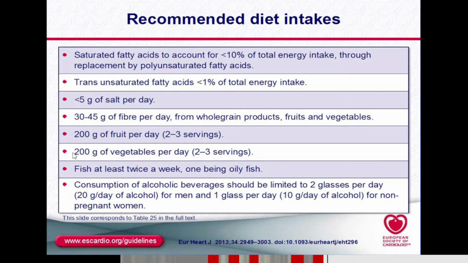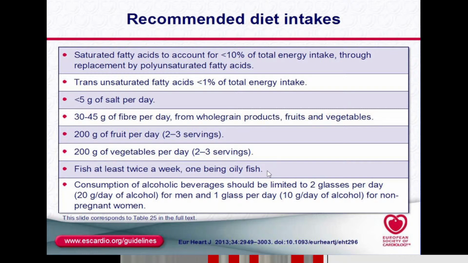From 30 to 45 grams of fiber per day from whole grain products, fruit, vegetables. At least 200 grams of fruit per day with 2 to 3 servings. So it depends on the economical state of the patient and population as well. The same for vegetables, 200 grams per day. Fish at least twice a week, one being oily fish.